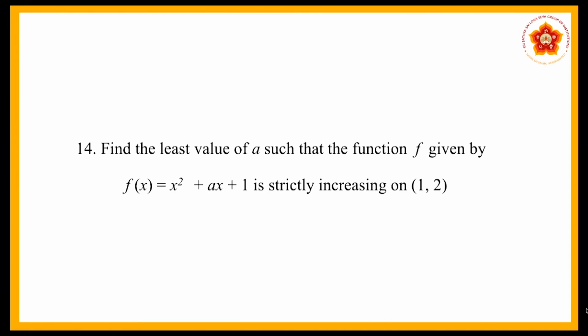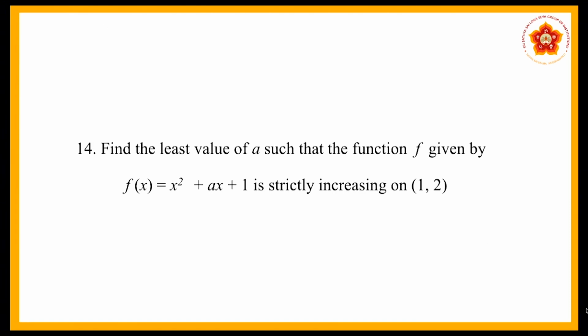It is an interesting problem, different than all the problems which we have solved till now. Not that it is big, but it is different. What the problem says: find the least value of a such that the function given by f of x equal to x square plus ax plus 1 is strictly increasing on 1, 2.